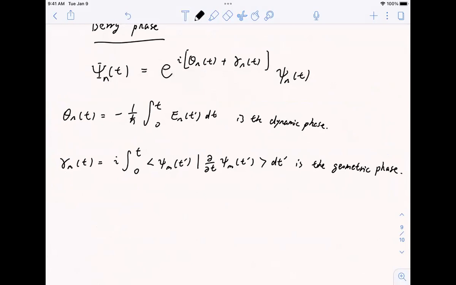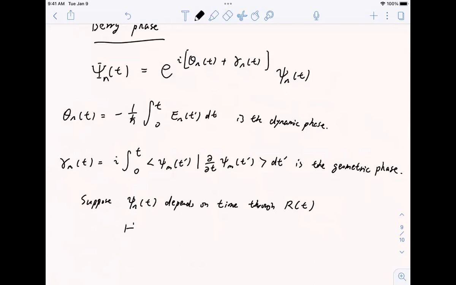Suppose H depends on time t through another parameter called R(t). Let's say your Hamiltonian has some parameter, and there's one parameter that depends on time.